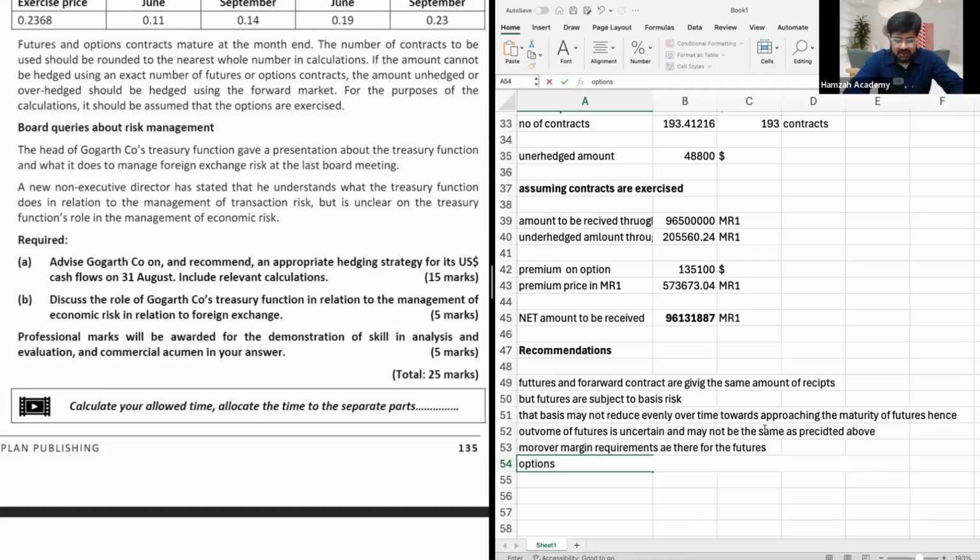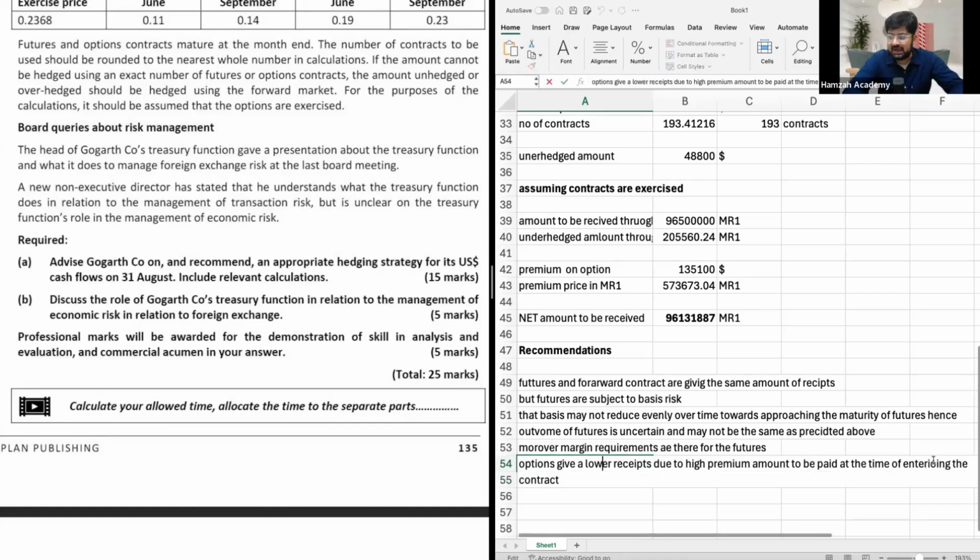Options give lower receipts due to the high premium amount to be paid at the time of entering the contract.